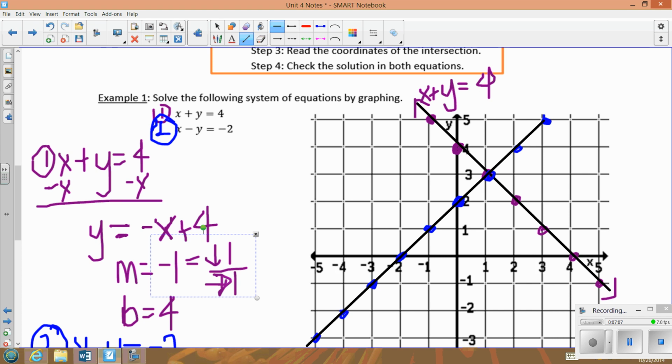Get your arrows on your line. And you can label it x minus y equals -2.